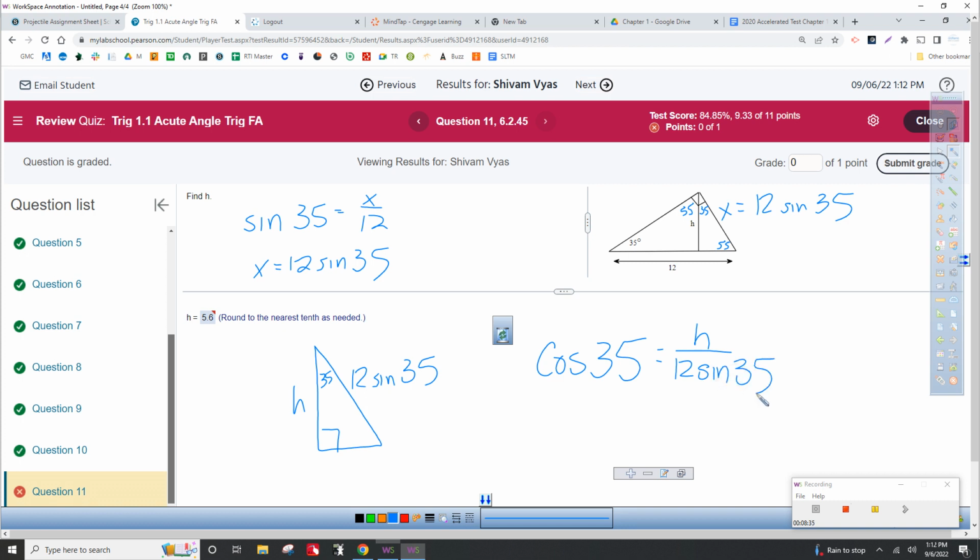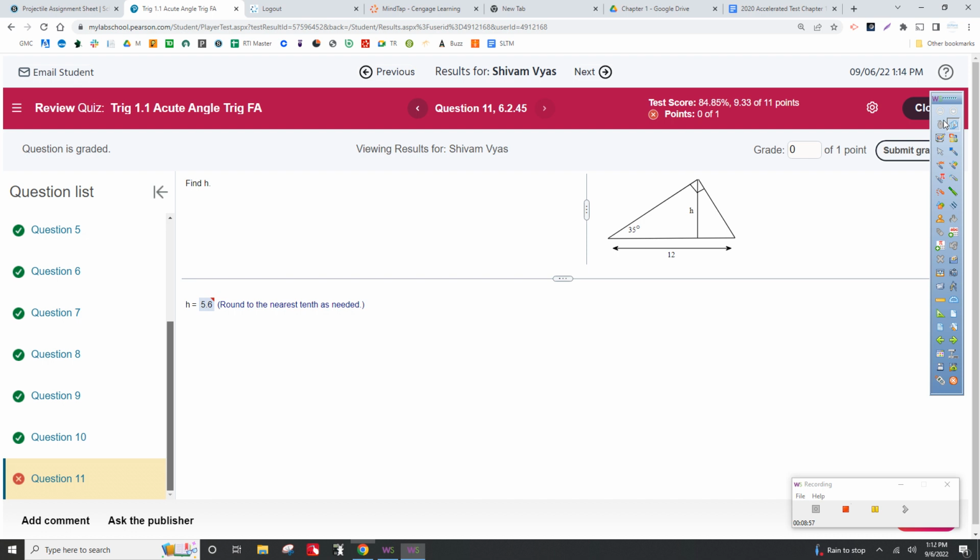So h is 12 times the sine of 35 times the cosine of 35. There we go. Does that help? Yes. All right, so that's that. Do you want to go on to your other one?